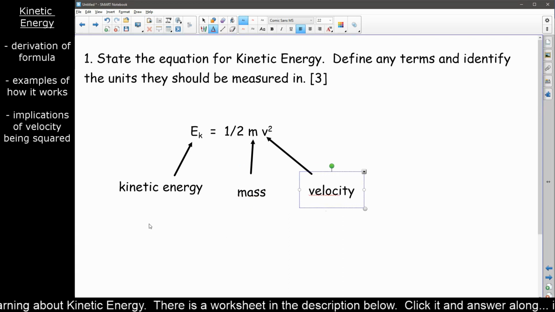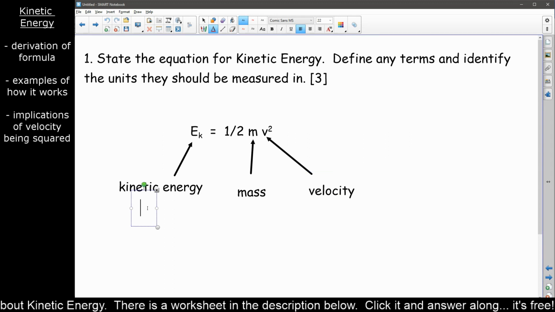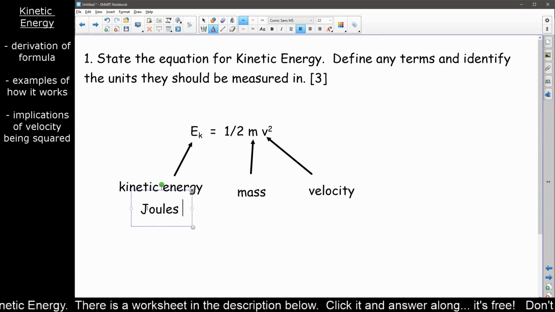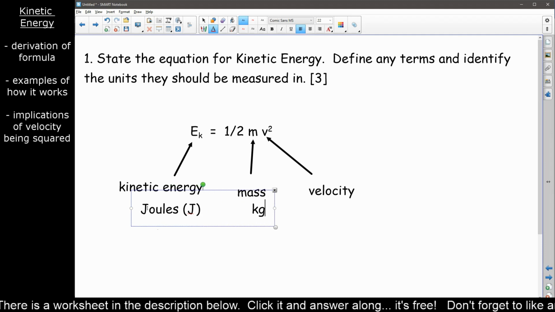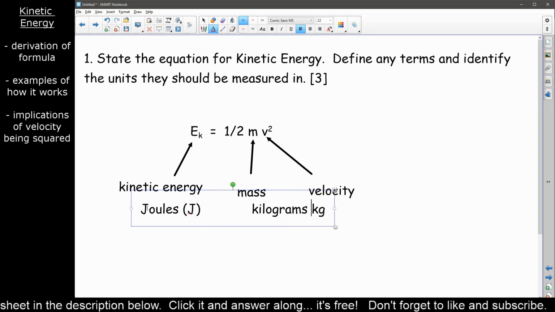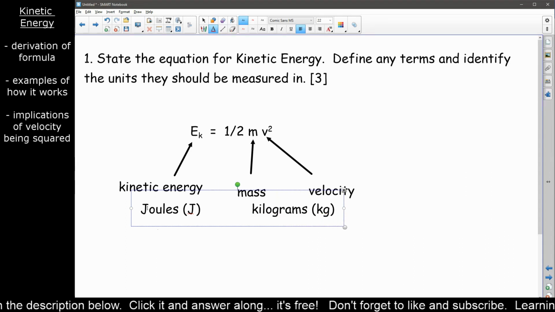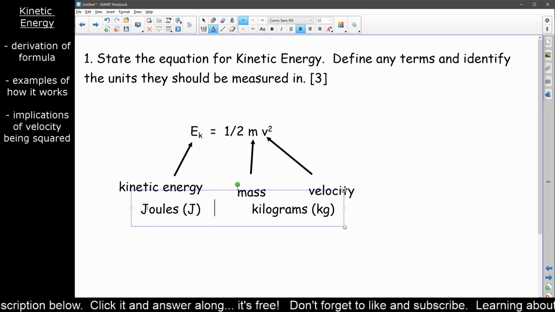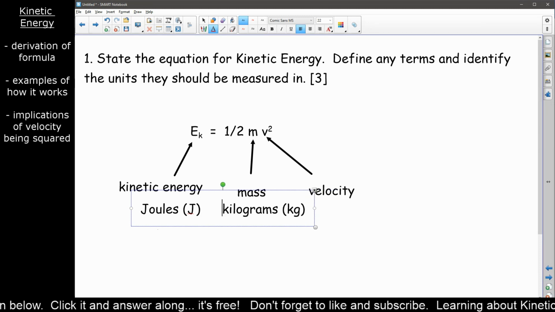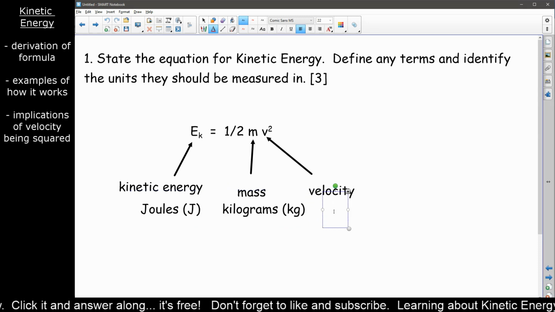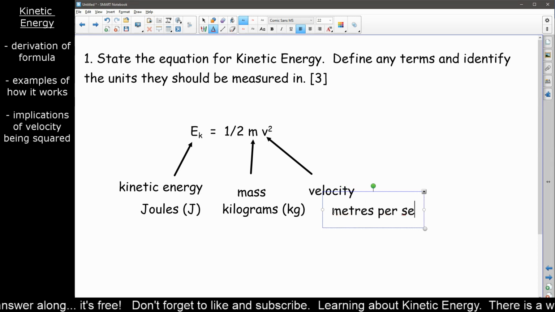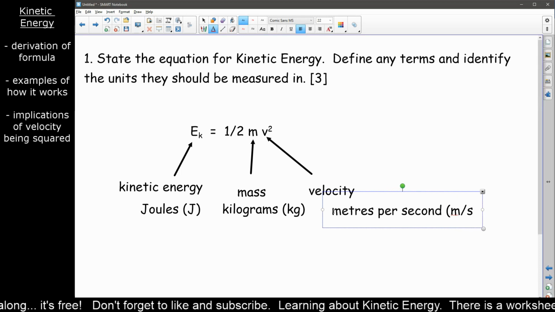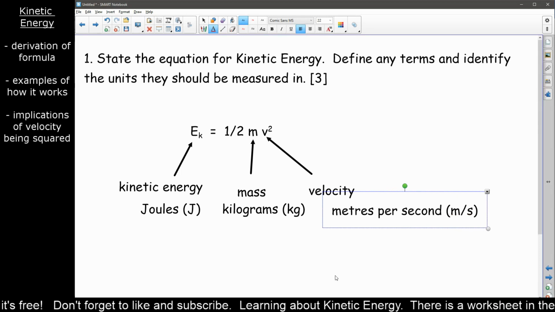And then we need to say what they are measured in. So kinetic energy is measured in joules, or just J would be fine. Mass is measured in kilograms, kg. And velocity is measured in meters per second, and m/s would be more than fine for that.